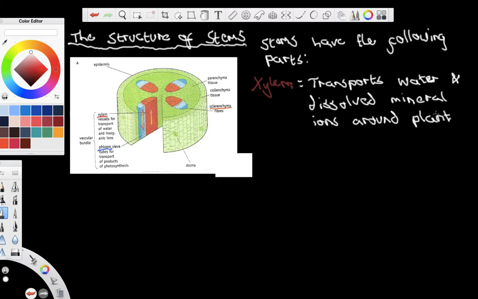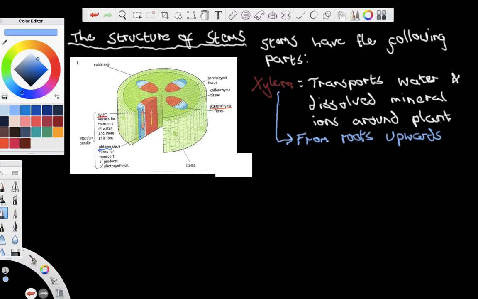So this transports water from the roots upwards. So I'm just going to add underneath there, from the roots upwards. Okay.